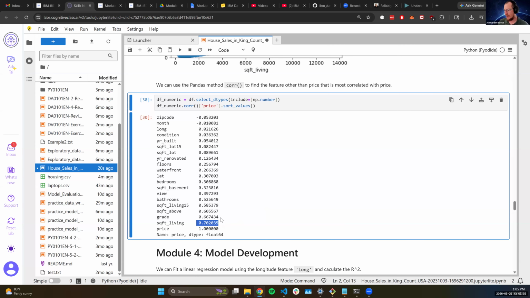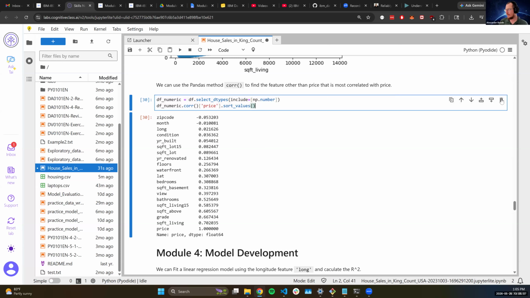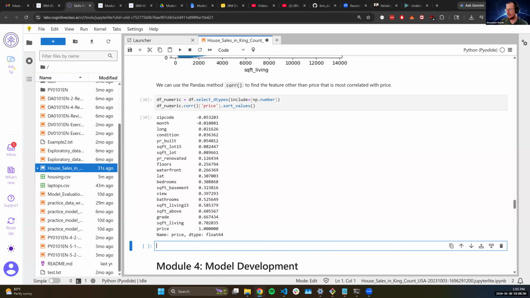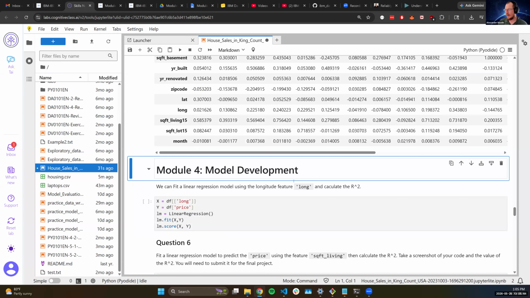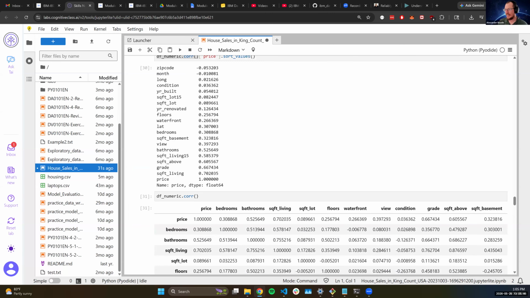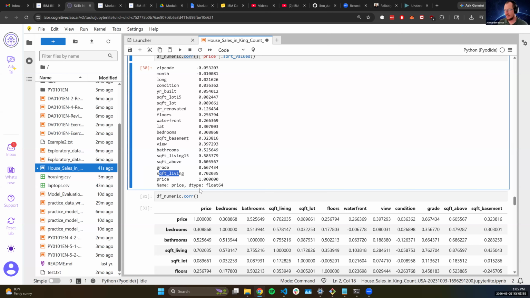Other strong features here are grade, square foot above, square foot living, etc. One other thing to point out is there is multi-correlation here. I bet there's a relationship between the square footage of the basement and the square footage of the living space, right?